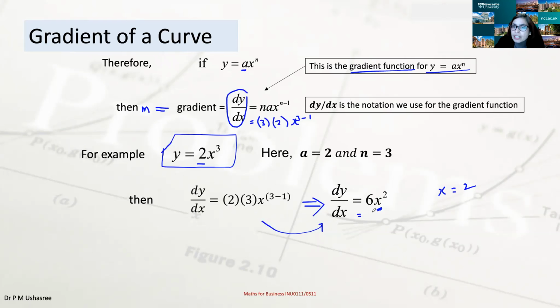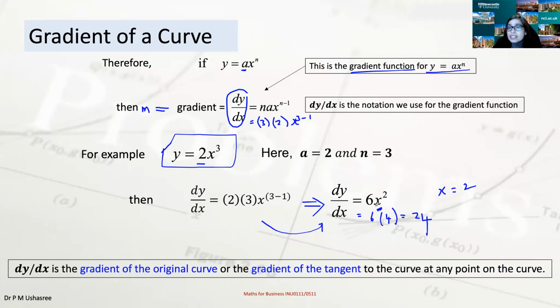The gradient at that point is nothing but 2 times 2 is 4, so it is 24. That's all. It's as simple as that. You just substitute the x value, because in this case there's only x here. So dy by dx is the gradient of the original curve or the gradient of the tangent to the curve at any point on the curve.